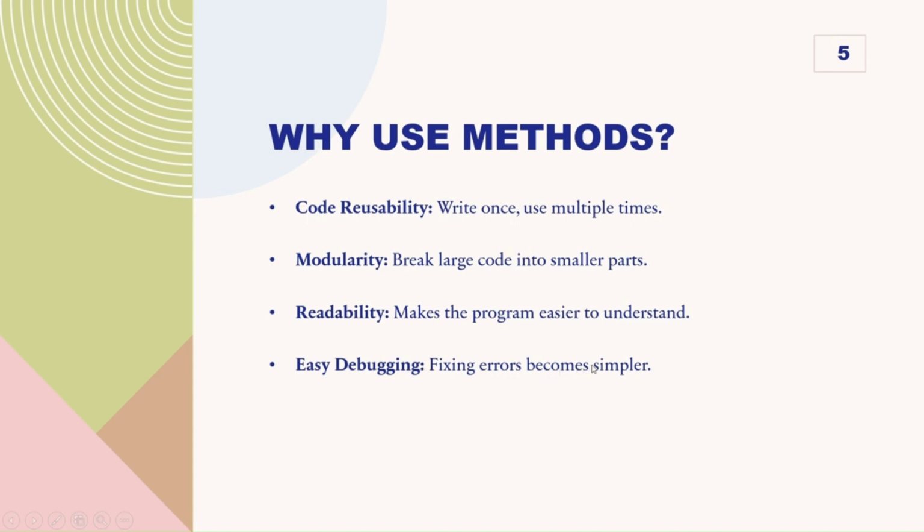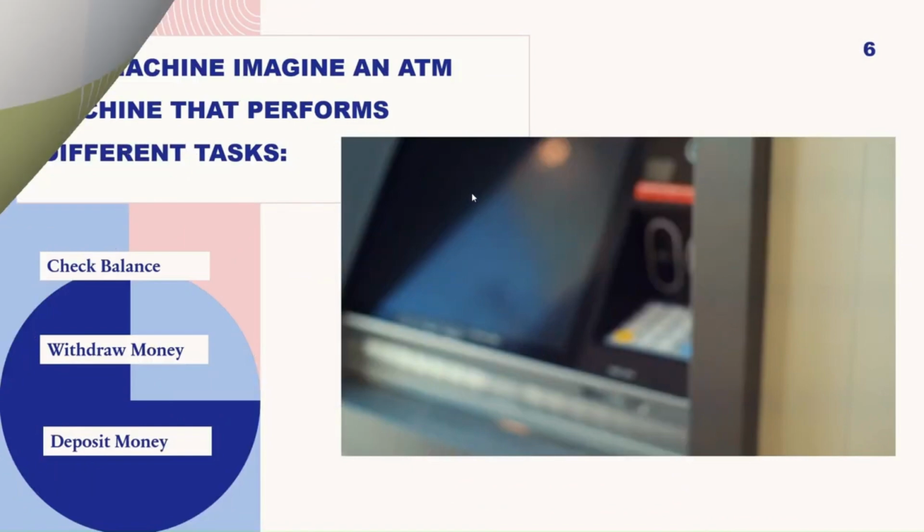Fixing errors becomes simpler, meaning you can fix your errors easily, if your method is small or well enough maintained. Let's go to the next part.